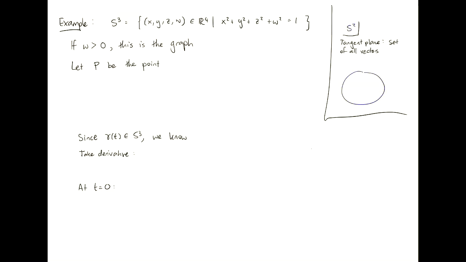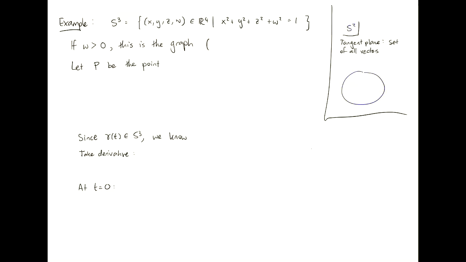So I have a three-sphere. If W is greater than 0, so we're going to find the tangent plane at a particular point, and I'm going to say it's a point where W is greater than 0. We'll talk about what it is in a moment.